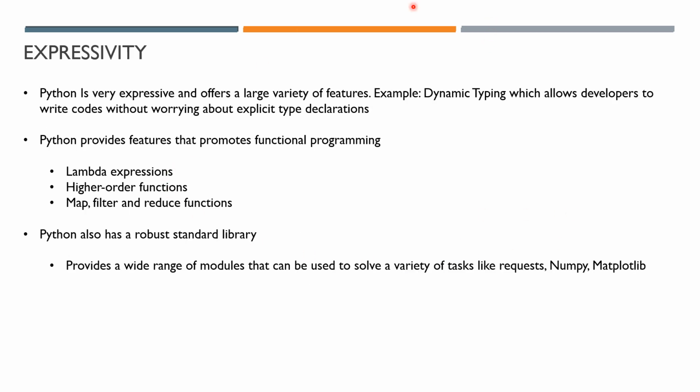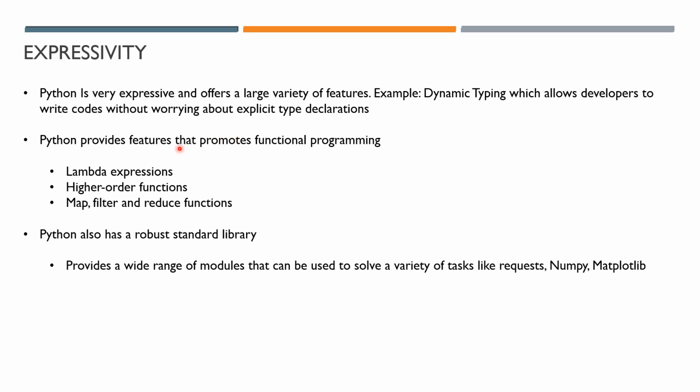Next we have expressivity. Python is very expressive and offers a large variety of features. For example, dynamic typing. Like I explained earlier in the previous slides, you don't really have to specify the type of the values. Python automatically knows when you type in x equals 5 that it's an integer, or y equals victory, it knows that's a string.